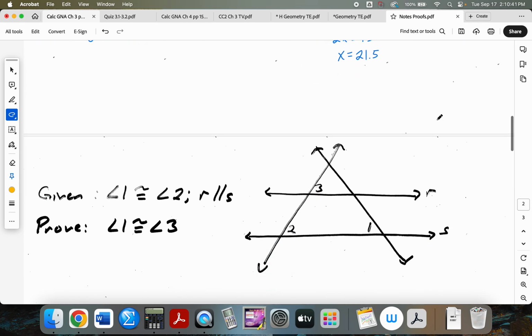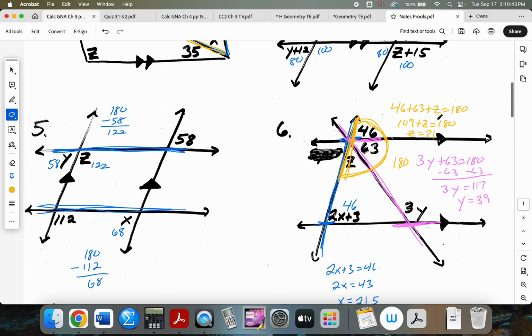All right. Wait, I got a quick question. Yes, sir. Wouldn't you do, since we got 71 for z, to find the x, since these go the same way, couldn't you do 63 plus 71 equals 2x plus 3?